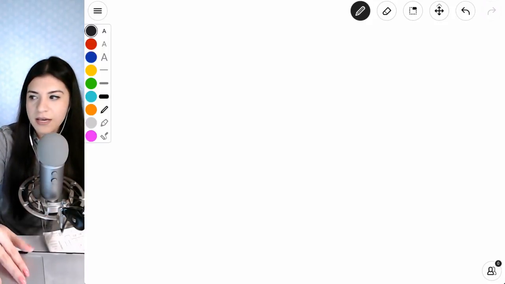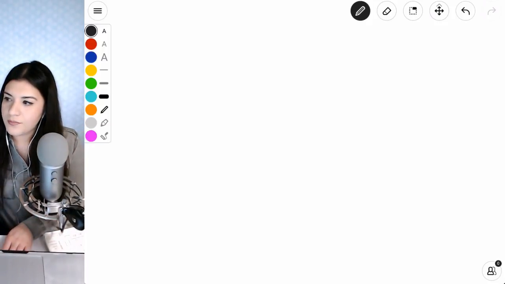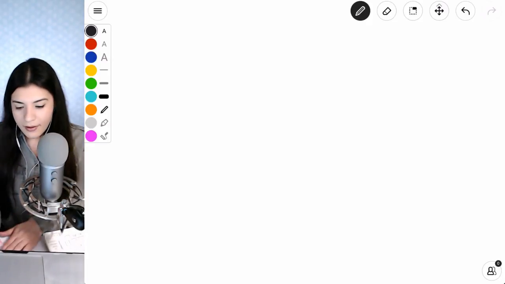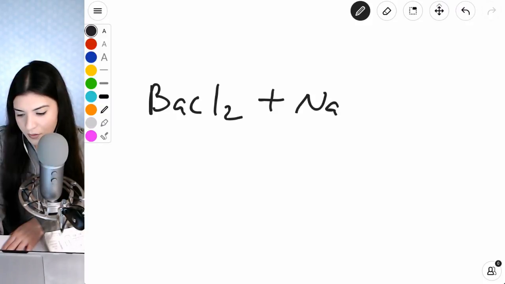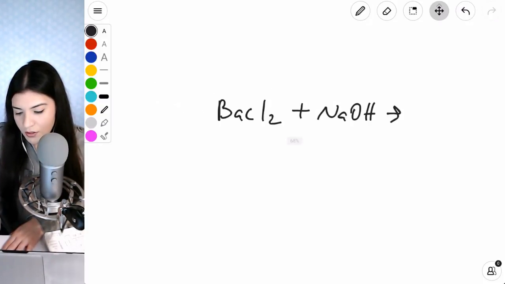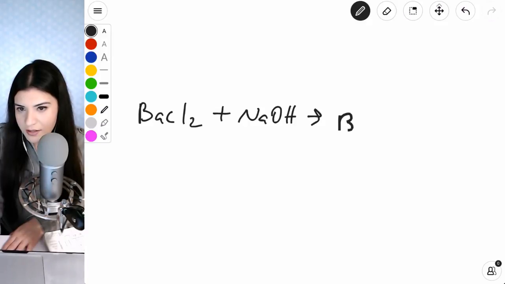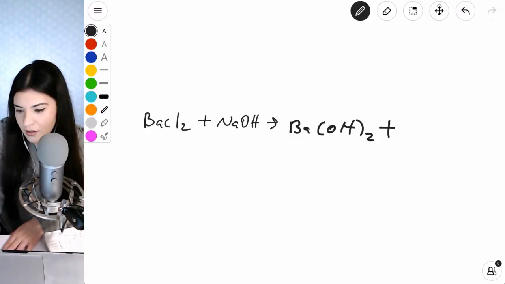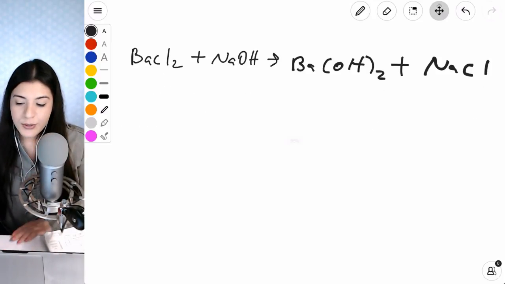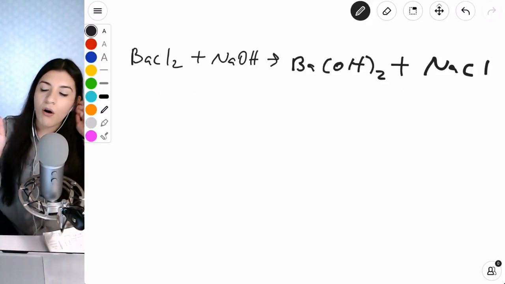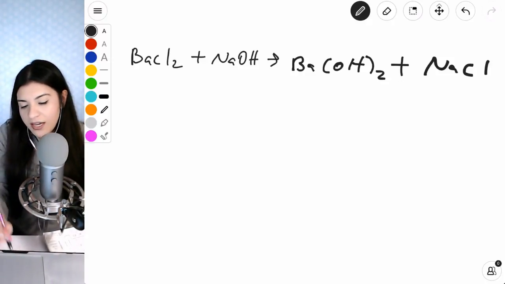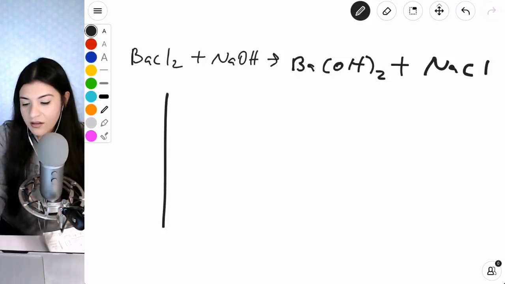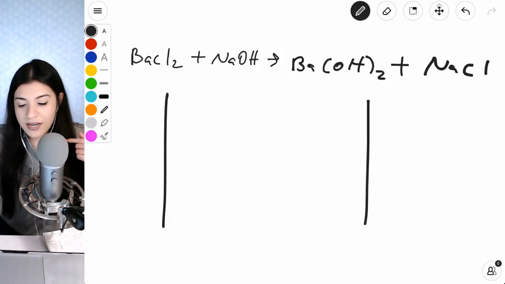Sure. So let's start off with maybe something like this. Okay. So let's just start off with trying to balance this out. Now, what I personally like to do when I'm balancing is to separate all of the elements apart from each other. So I'm going to put each element on one side, so on the reactant side, the left, or the product side, the right.